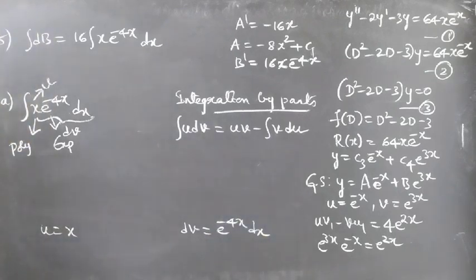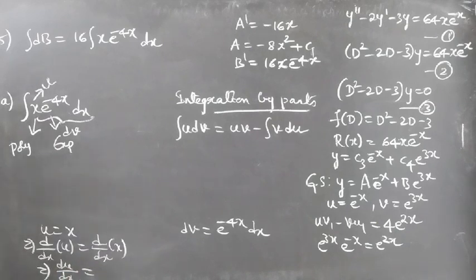Now differentiate u equal to x with respect to x. This gives us du by dx equal to derivative of x with respect to x is 1, right?